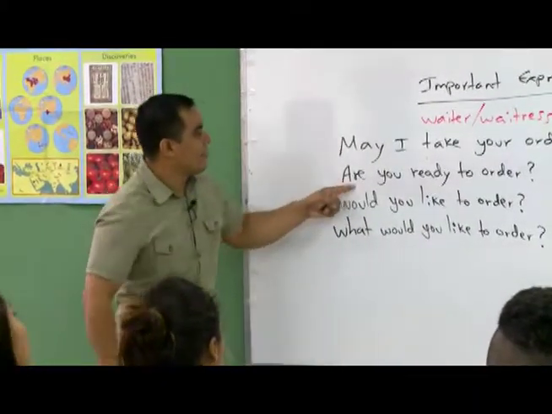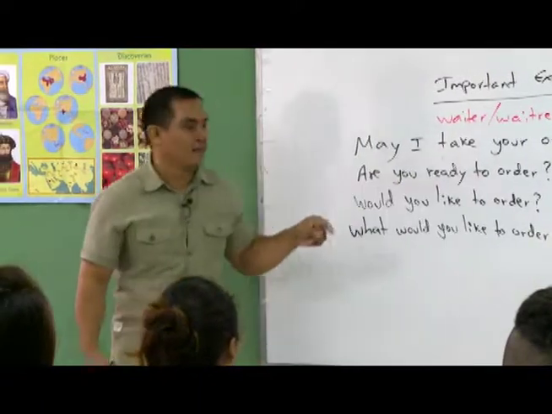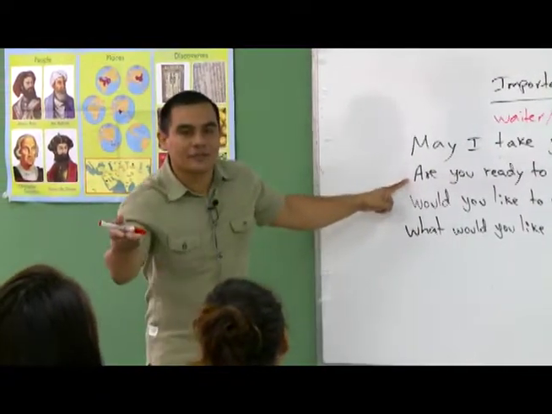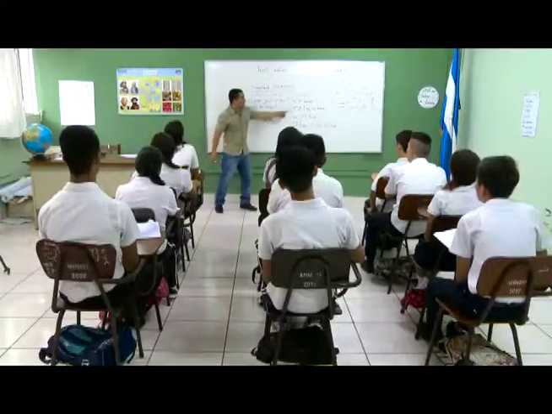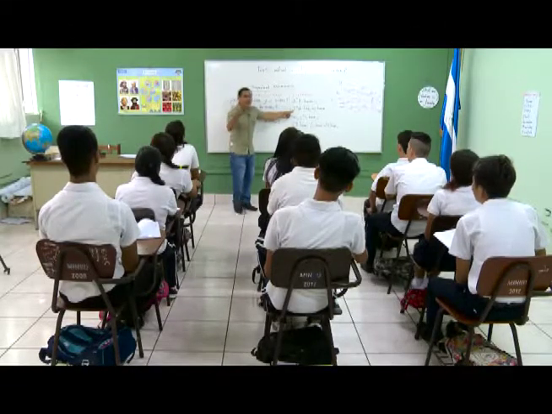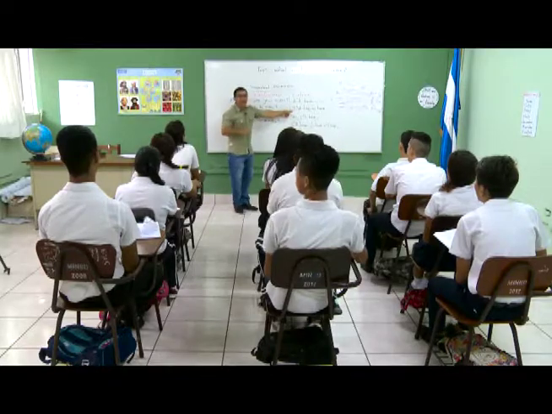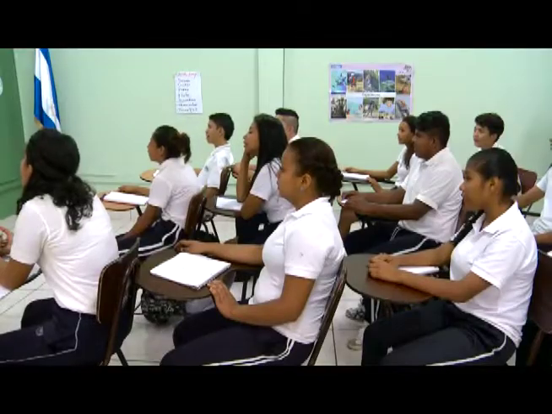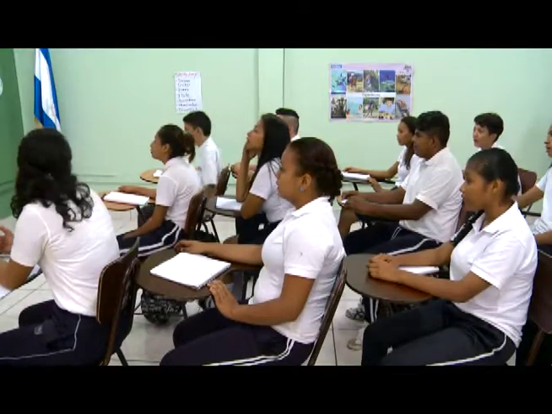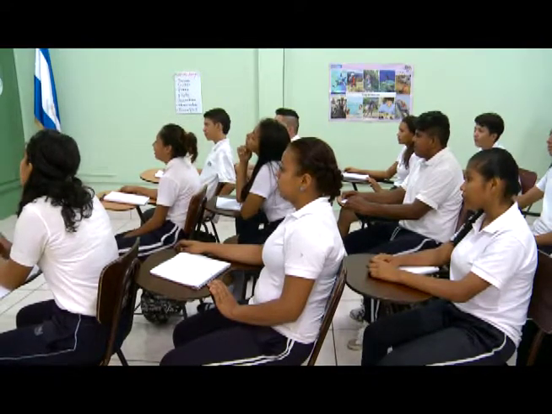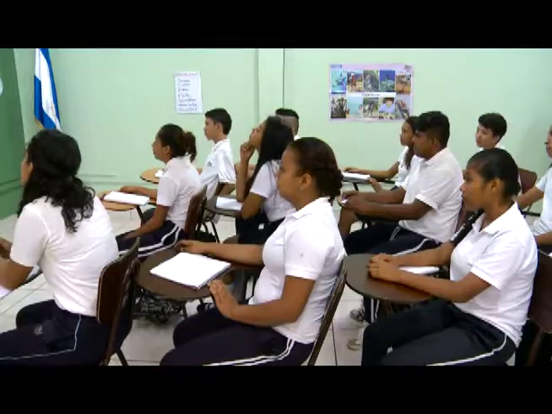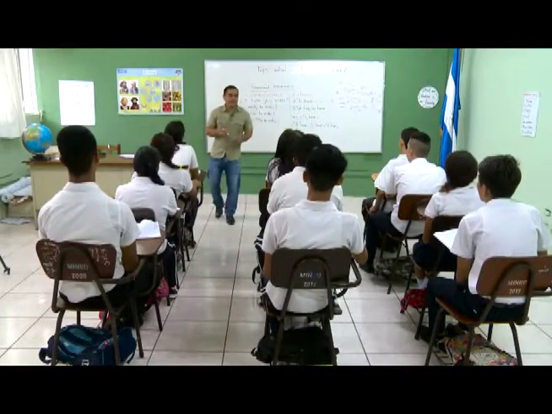Okay, next. Are you ready to order? Are you ready to order? And how do you respond? I'd like to have. I'd like to have a hamburger. For example, a hamburger.